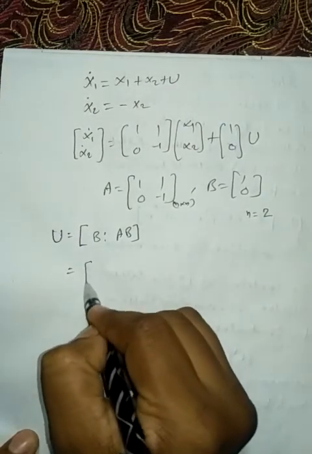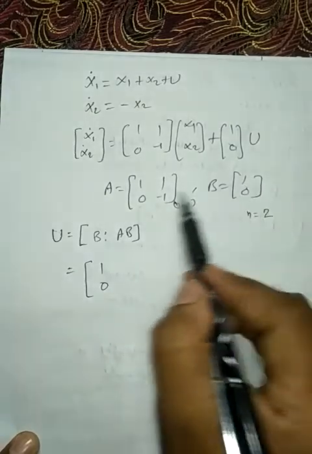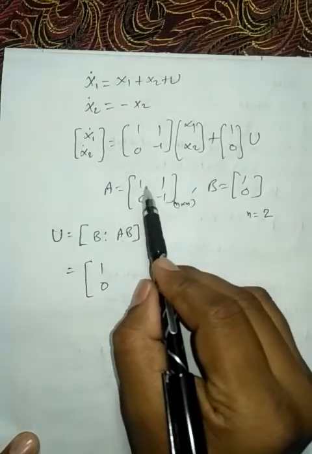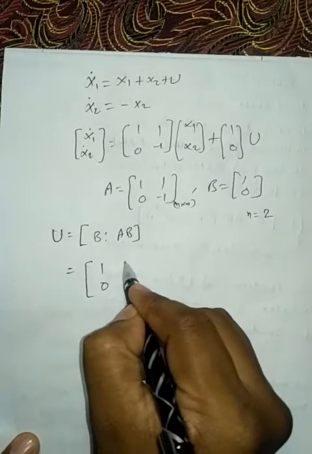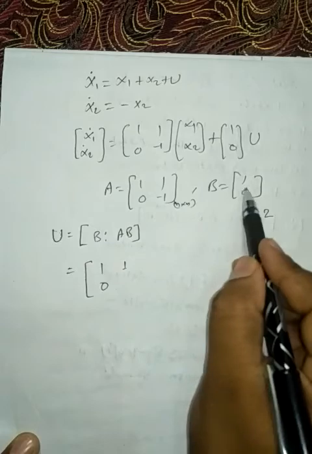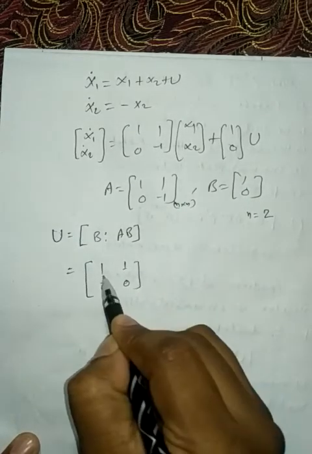Here we write matrix B as [1; 0], and matrix AB will be, multiplying this and this, 1 into 1 is 1, 1 into 0 is 0, so 1; then 0 into 1 is 0, minus 1 into 0 is 0, so 0.